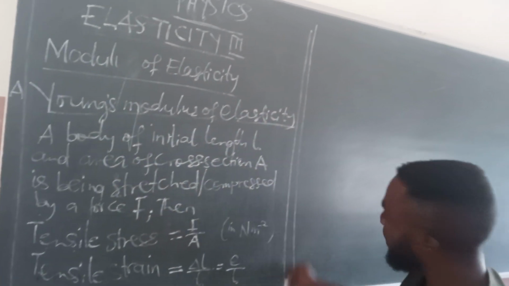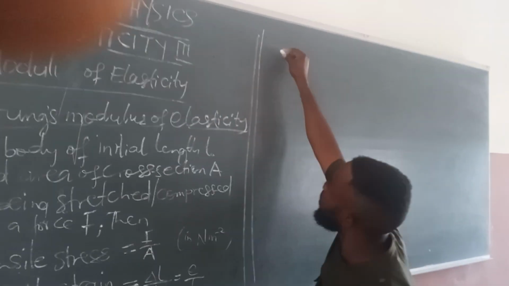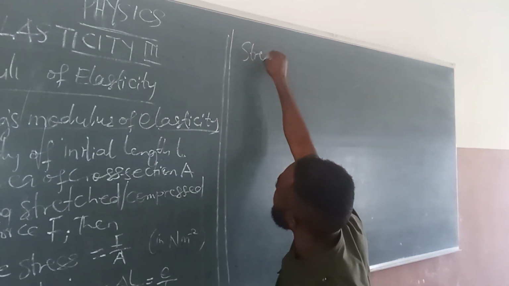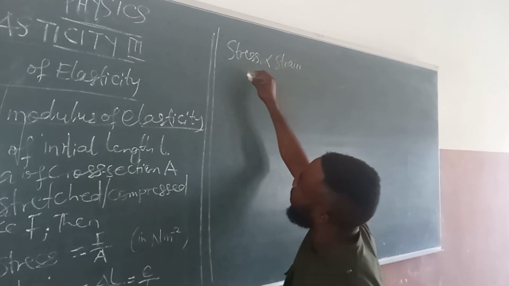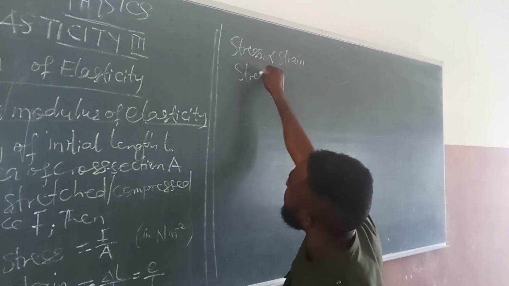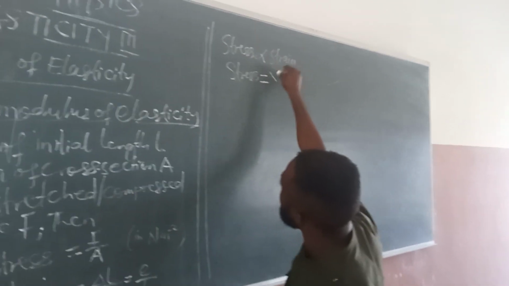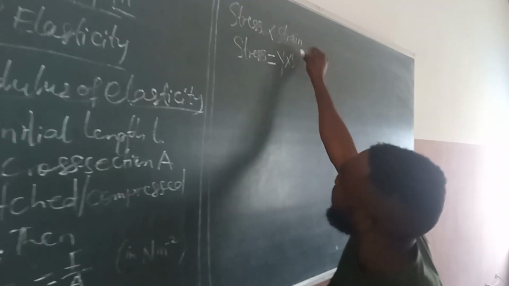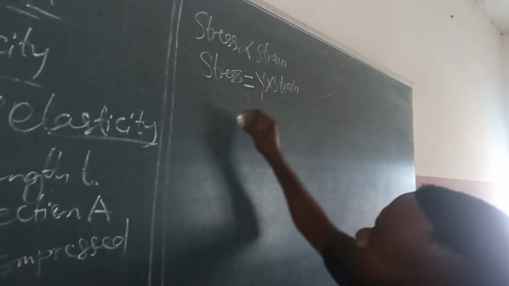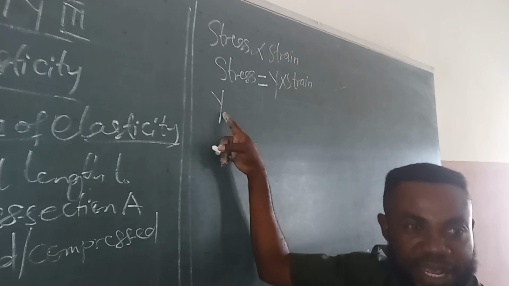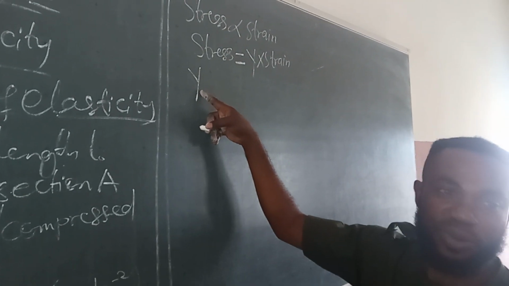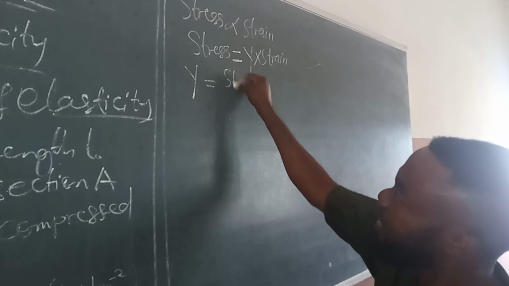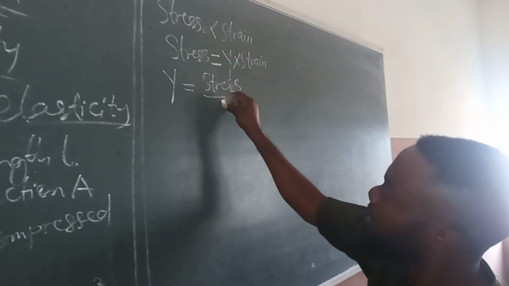And in a statement analogous to Hooke's law, we discover that stress is directly proportional to strain. Mathematically, that becomes stress equal to Y times strain. This Y is a constant of proportionality called the Young's modulus, and it is given by stress divided by strain.